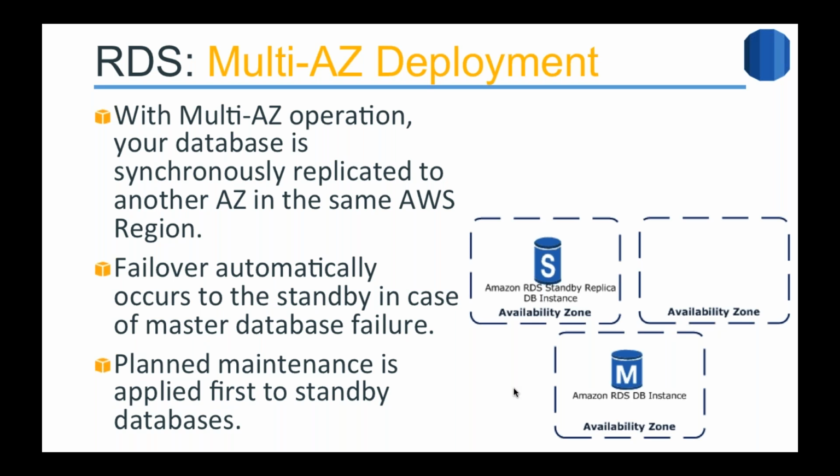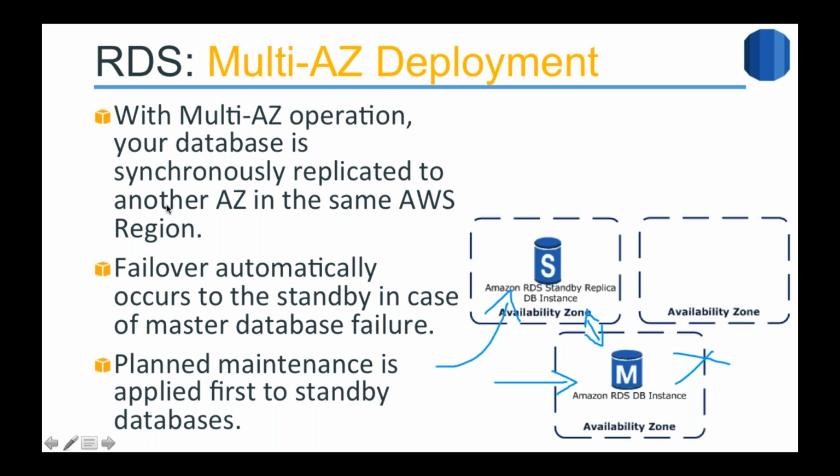So the image on the right hand side, that is what it shows. There is a master database instance at the bottom, and all the data is coming in here, and Amazon will ensure these two databases are in sync at all time using the low latency connection that Amazon has between availability zones. So for some reason if this guy goes offline, Amazon will start routing all your traffic here. Automatically this guy will be promoted to a master copy, and you can start reading and writing to that instance automatically.